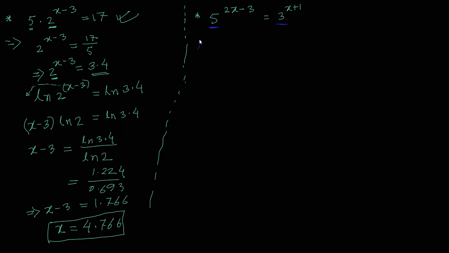So I have logarithm 5 power 2x minus 3 equals logarithm 3 power x plus 1. Again, this power I can bring before my logarithm, so I can write 2x minus 3 logarithm 5 equals x plus 1 logarithm 3.